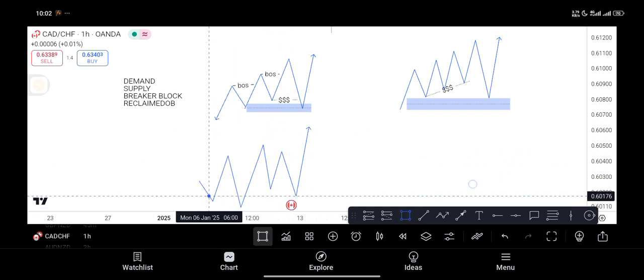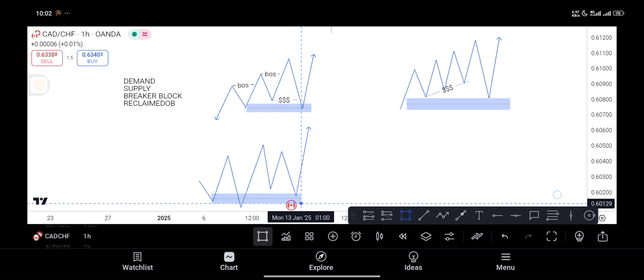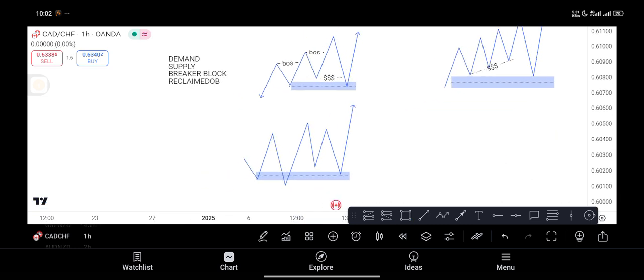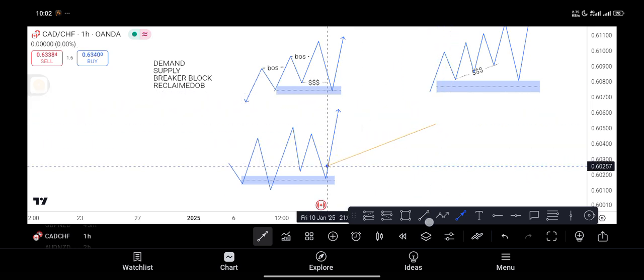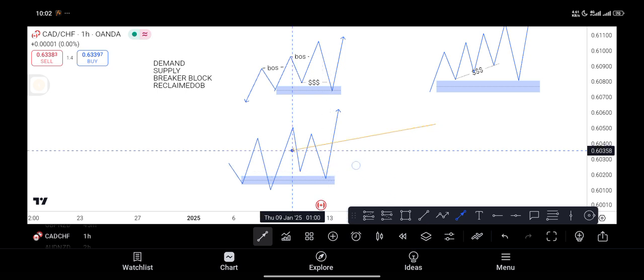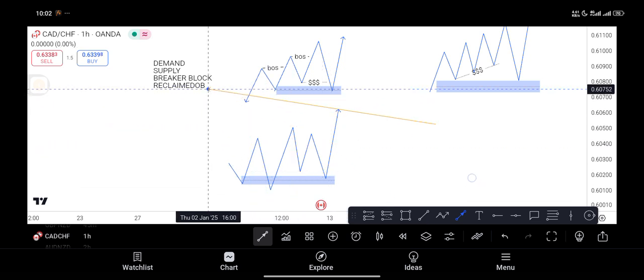So this is the POI that was marked. What you have here is a reclaimed order block. Remember what I taught you. This is a demand zone, and then over here, what are you having? A reclaimed order block, the last POI.